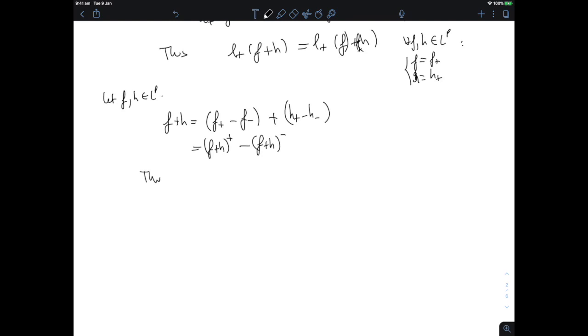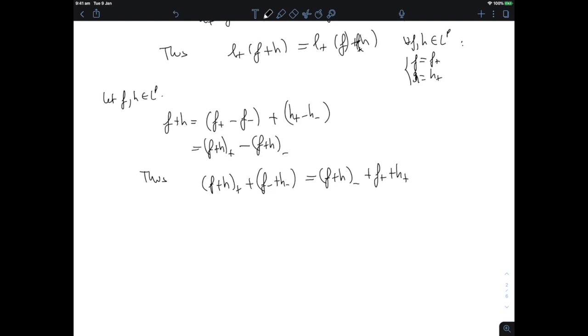This tells me that F plus H plus, let's rewrite that properly, plus F minus plus H minus has to be equal to whatever I've got on the other side, which is F plus H minus. Sorry, my minus should be down the way we've written things. Very good. F plus H minus, that's this term, plus F plus H plus.